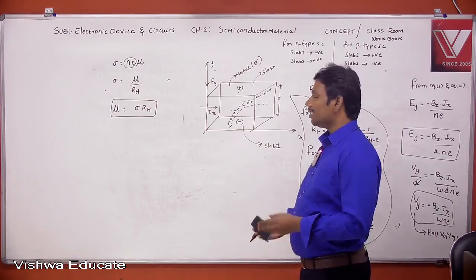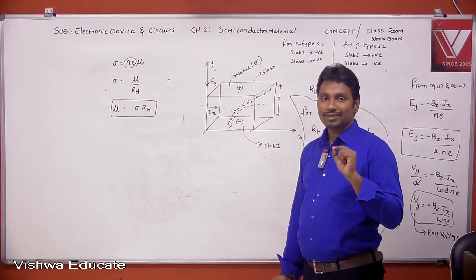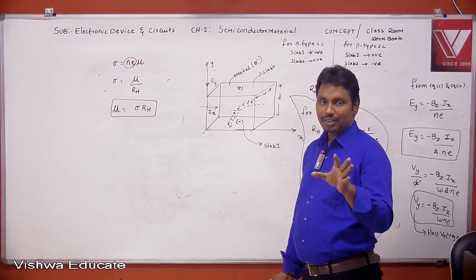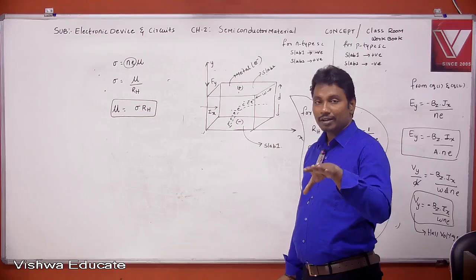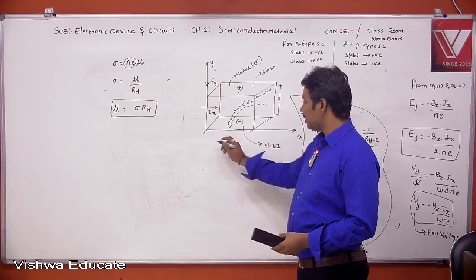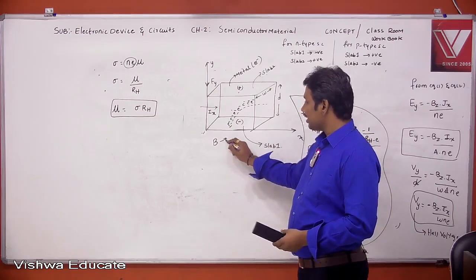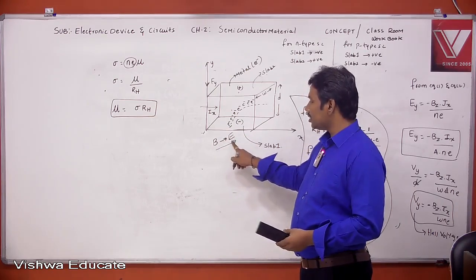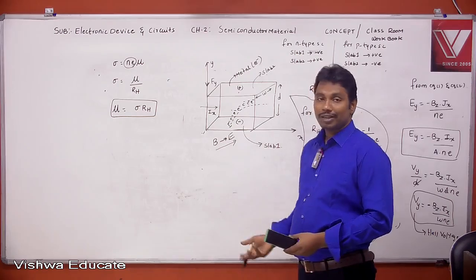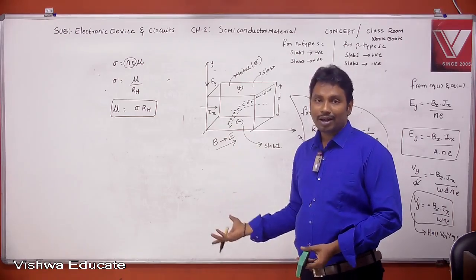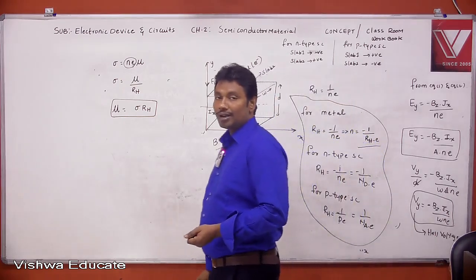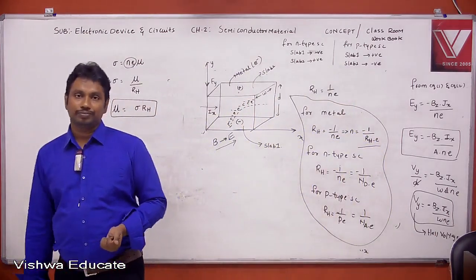Please remember the statement: consider a current carrying specimen placed in a magnetic field, then it can produce what? Electric field. That means it will convert one form of energy to another form of energy. Simply we can say it can be used as a Hall transducer.